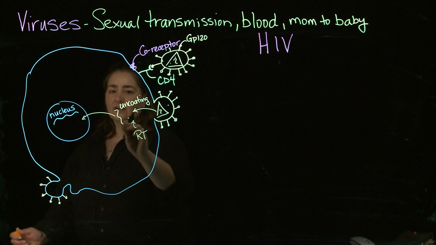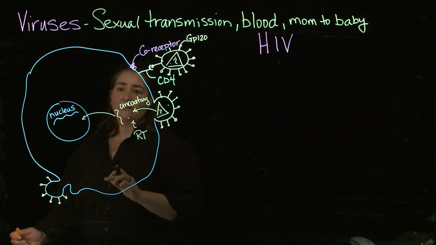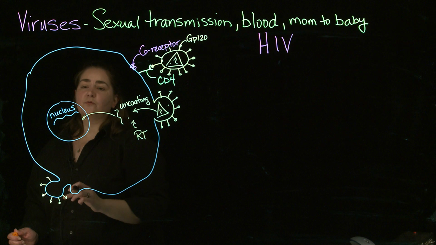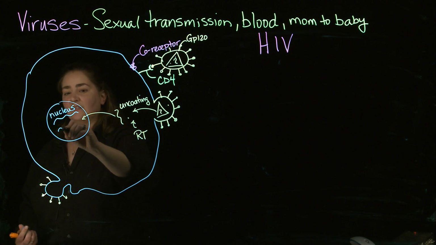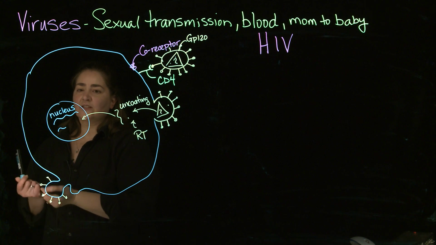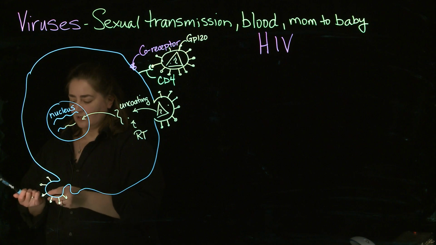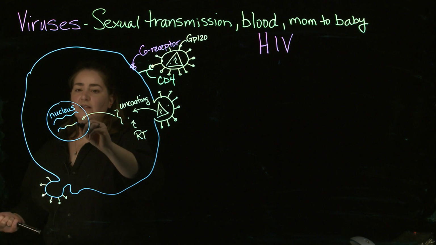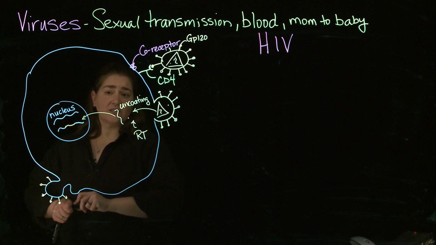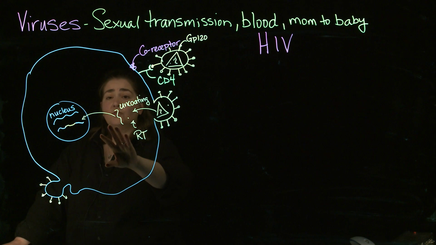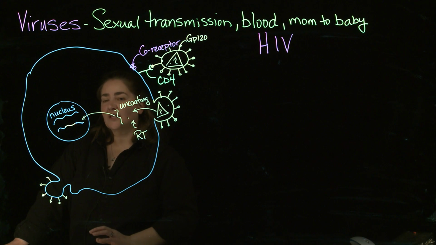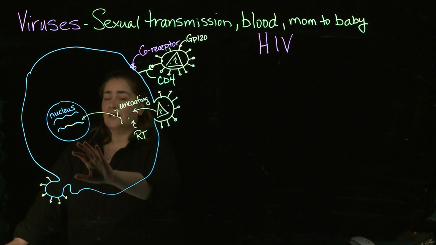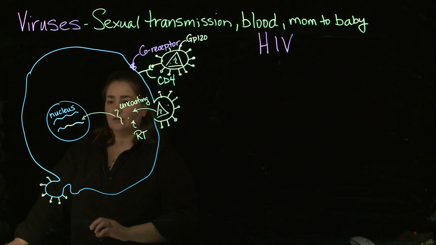In some cases, the virus can move to the nucleus and integrate into the genetic material, so it actually becomes part of the cell itself. It doesn't necessarily have to integrate. It can continue to replicate and make more viral particles without integrating. But the integration step is what allows the HIV virus to remain latent in some people.